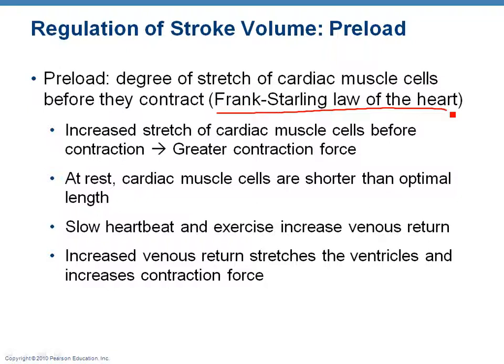So before they ever start forming those cross bridges and sliding across each other, let's think about it. Let's say they're starting off right here before they form those cross bridges and start sliding.